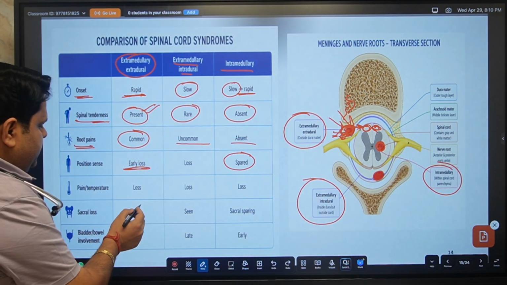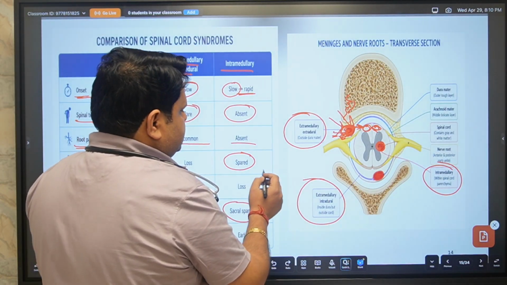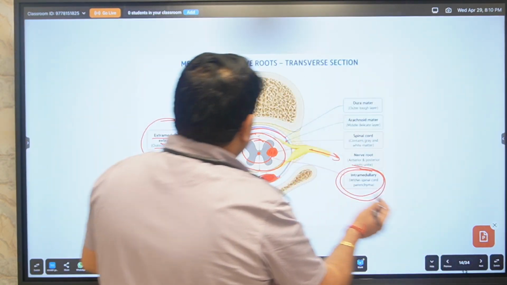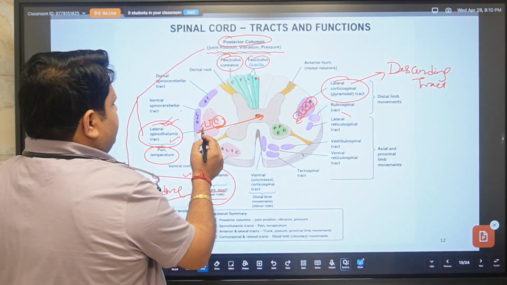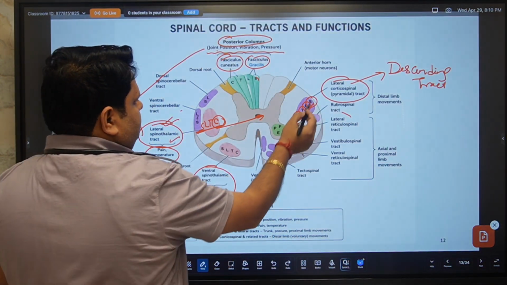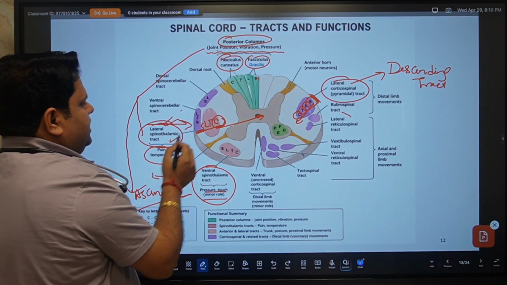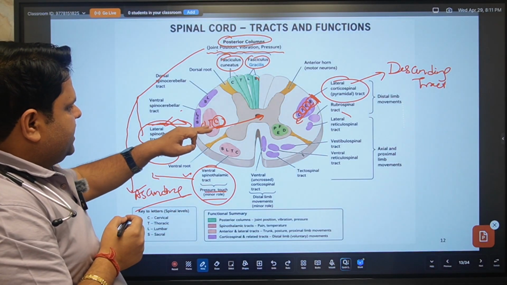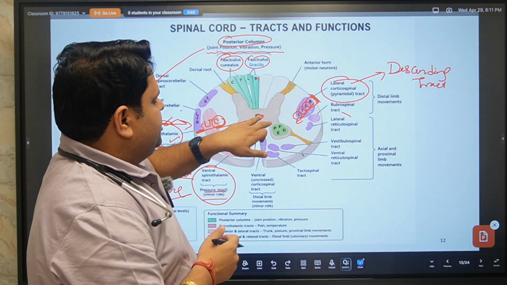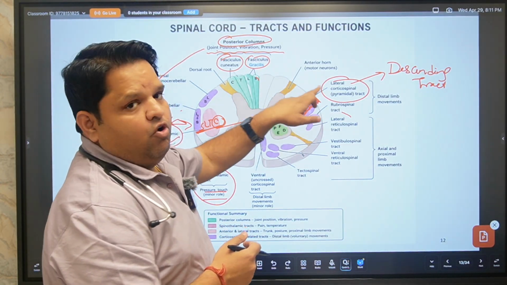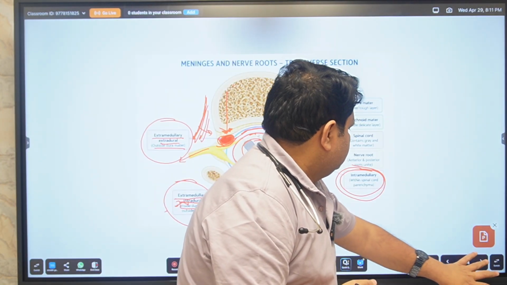Sacral loss is seen early in extradural lesions, and sacral sparing is seen in intramedullary lesions. As we discussed in the previous slide, sacral fibers are outside. So if there is a lesion from the outside, like extramedullary extradural, sacral fibers are involved first, but in a central canal or intramedullary lesion, sacral fibers are usually involved late or may be spared in early cases.